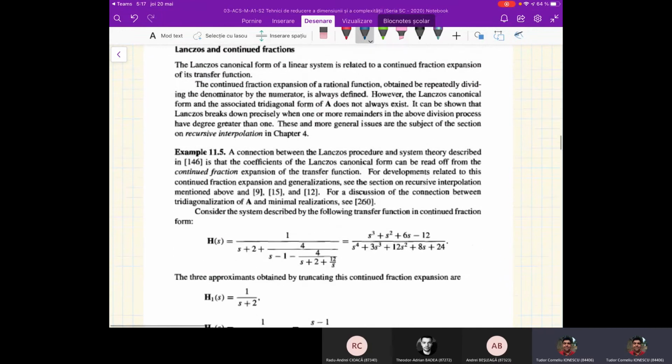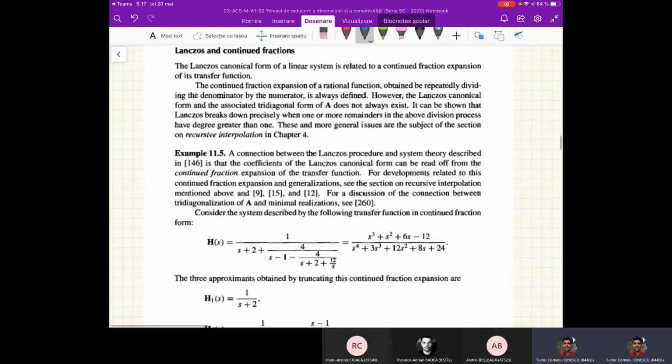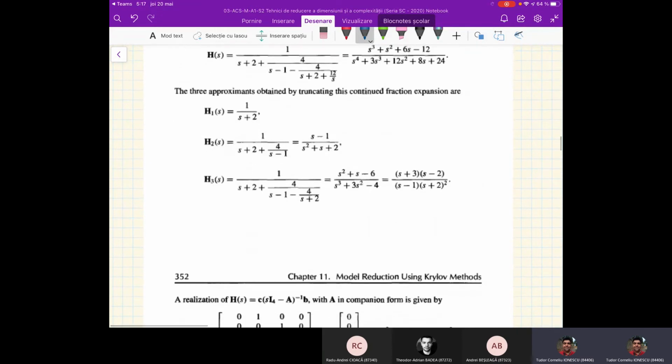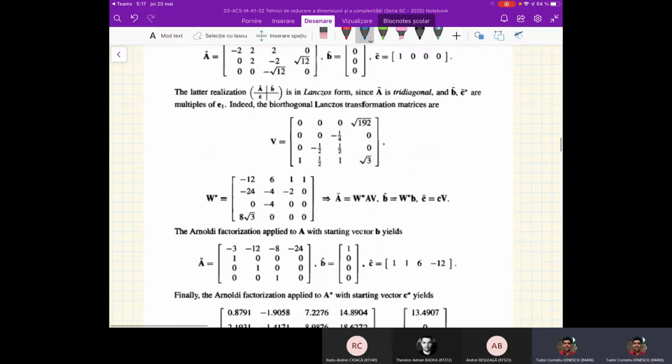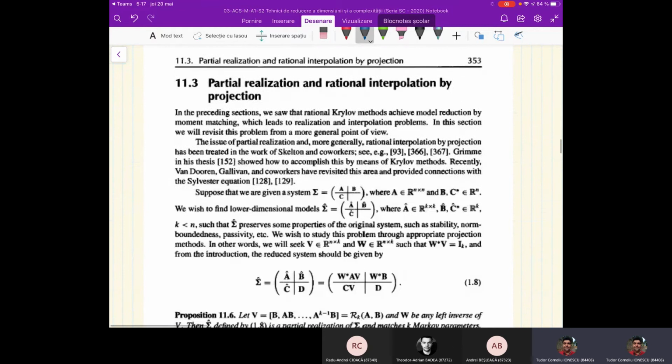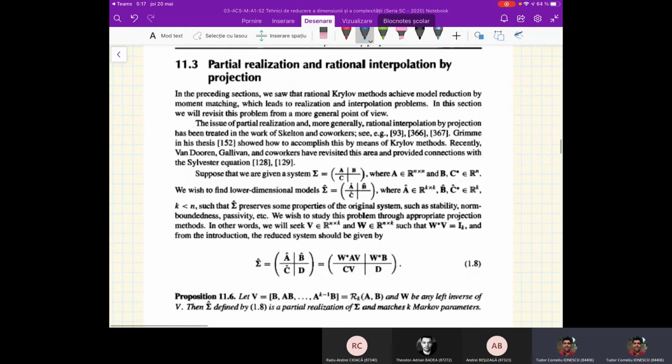There is here another example. Here is an example about specific scalar transfer functions, and some specific realizations you might build using these Krylov projections.